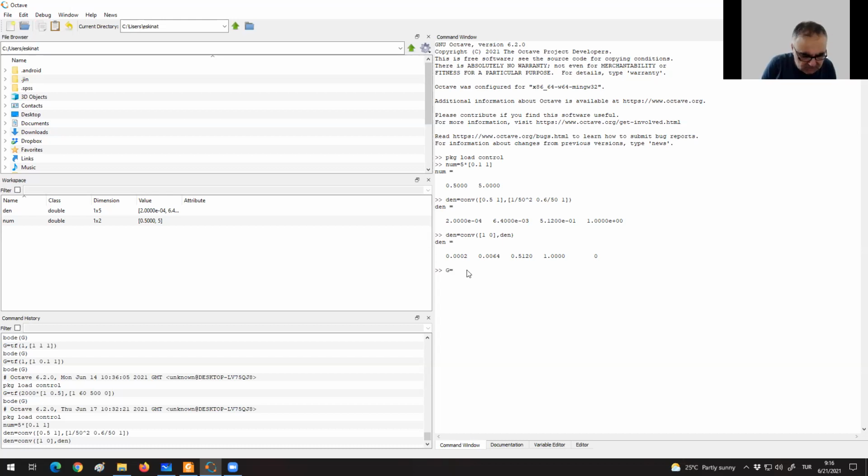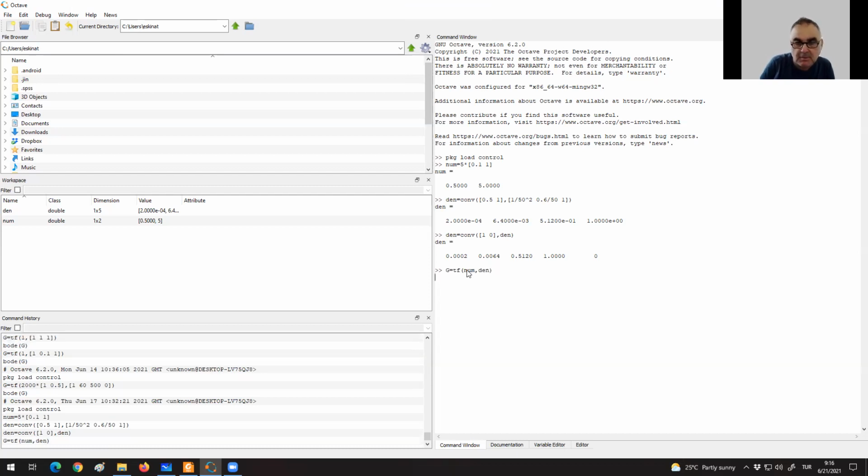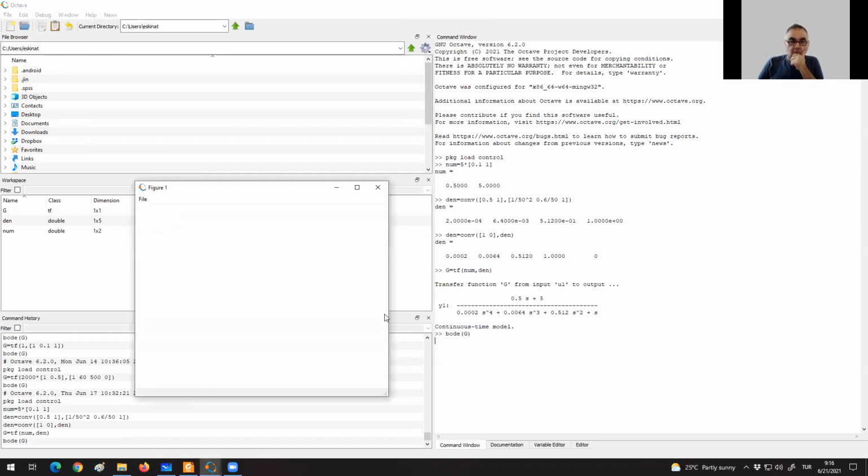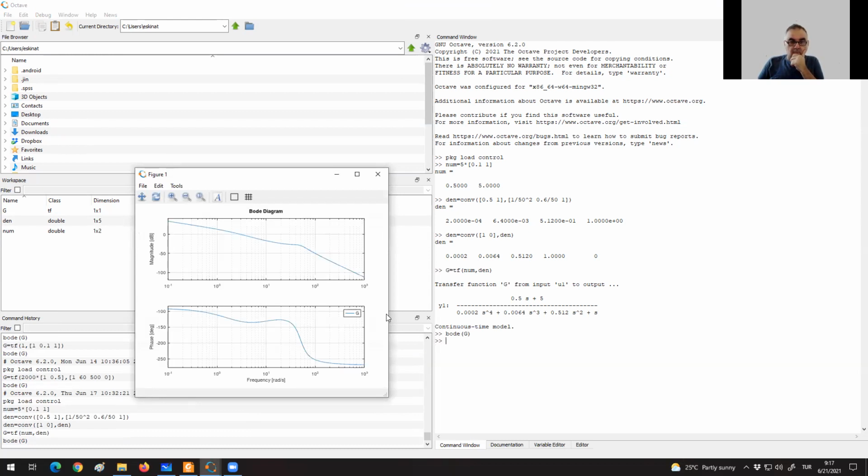So G is the transfer function of numerator and denominator. So this will be the system, I suppose. So we just plot the Bode plot of this G. I hope I did everything correctly. Yeah, I guess I did.